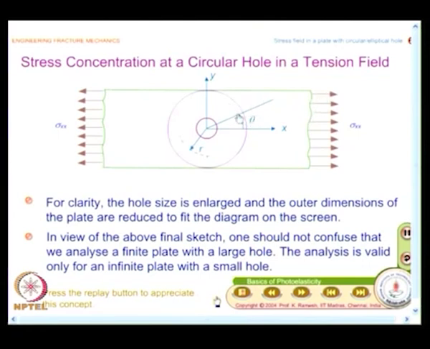You have only sigma xx, these stress components could be rewritten as suitable boundary condition for a circular plate. And why we take up this in polar coordinates? I have the circular hole and I also have the outer boundary as circle. It is convenient for me to specify the boundary condition if I look at the problem in polar coordinates.